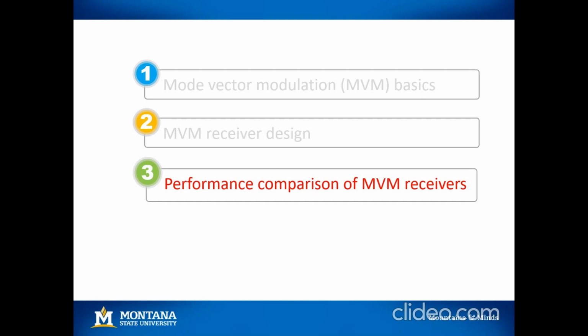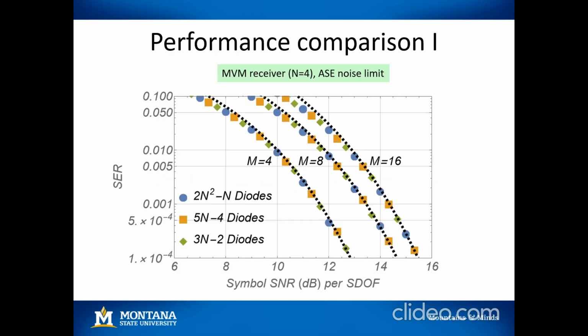So moving to the validation of the performance of this improved receiver design using Monte Carlo simulation, we have studied the case of a 2-core multi-core fiber, and we have 4 degrees of freedom. We are interested in preamplified detection, and therefore we are working at the ASE noise limit.